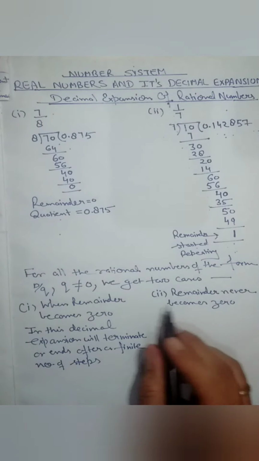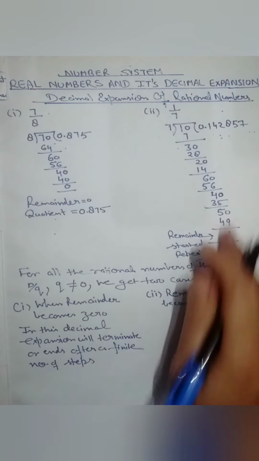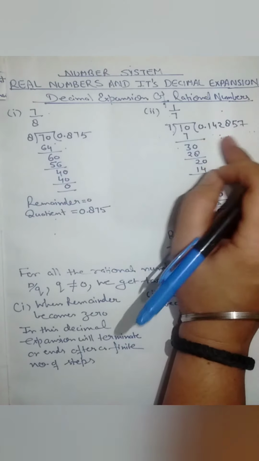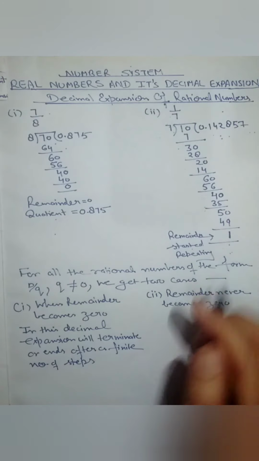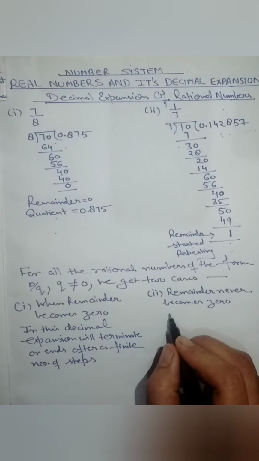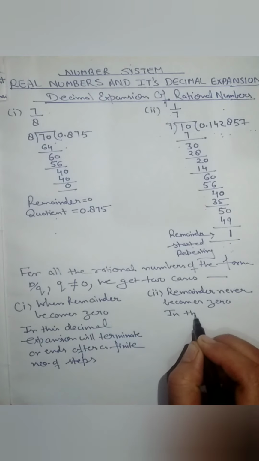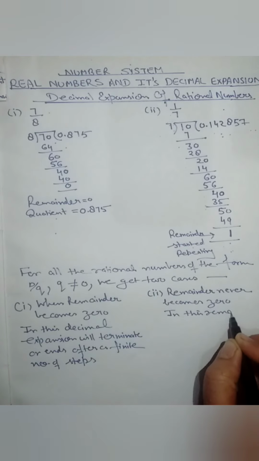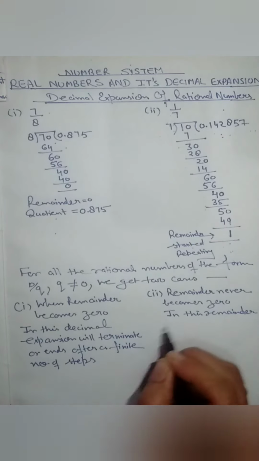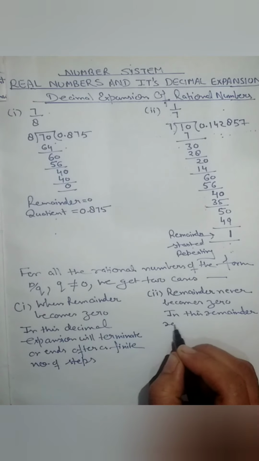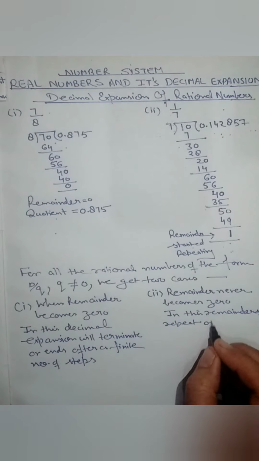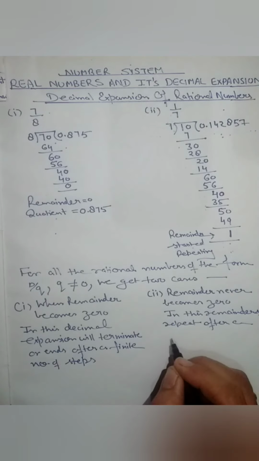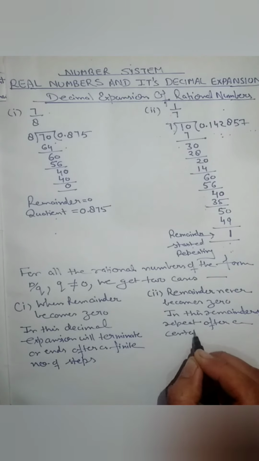As we can see here, in a finite number of steps we get quotient 0.875 and remainder becomes 0. On the other hand, in this case, when digits start repeating in quotient after a certain number of steps, we can say the remainder repeats after a certain stage.